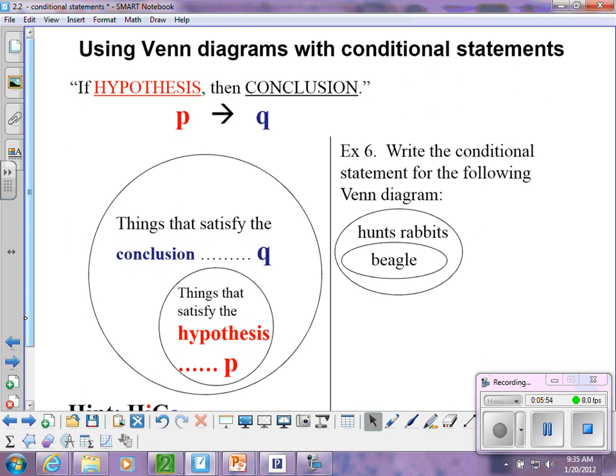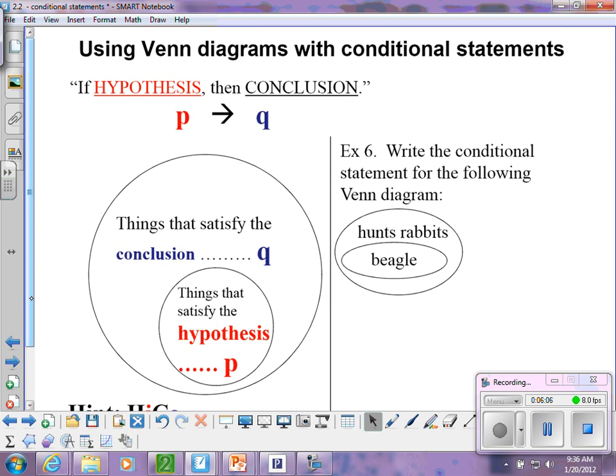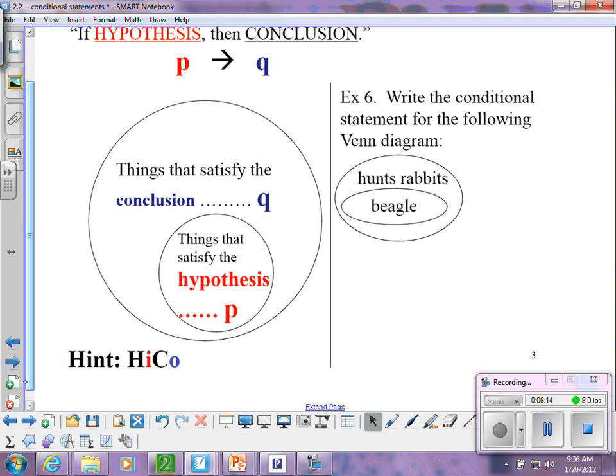Okay. So the way you can remember which one goes in which, HICO. Hypothesis inside, conclusion outside. So just remember HICO, all right? All right, so write the conditional statement for the following Venn diagram. Beagle hunts rabbits. Which one is the hypothesis and which one is the conclusion? What is a beagle? How can you identify what that is?